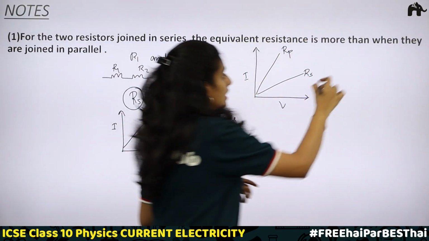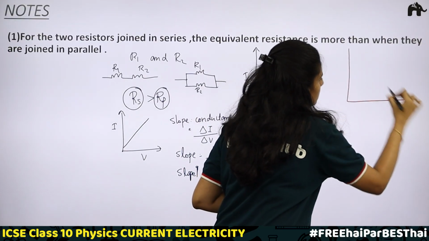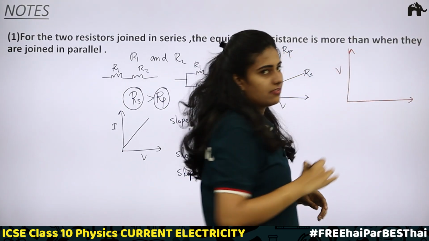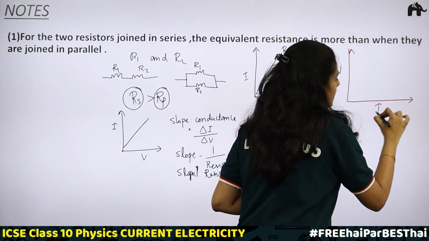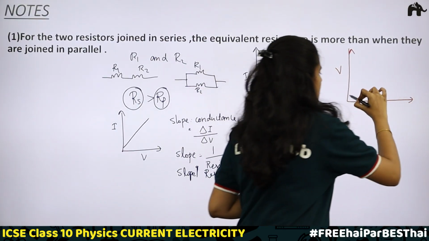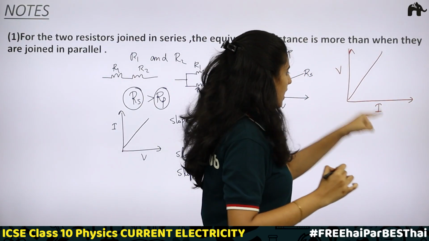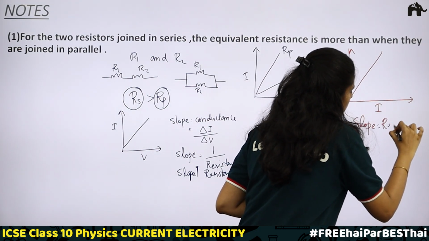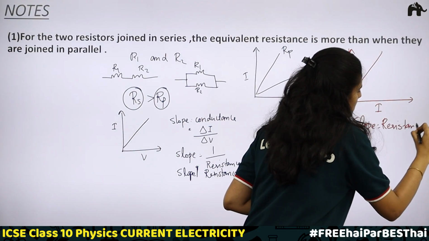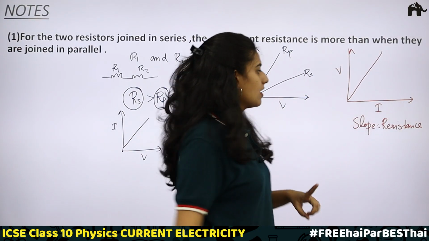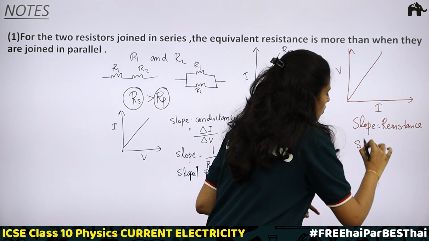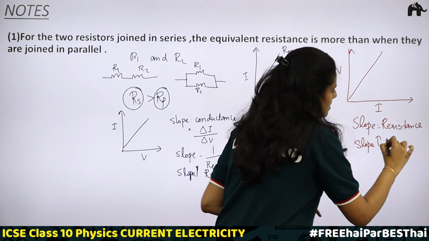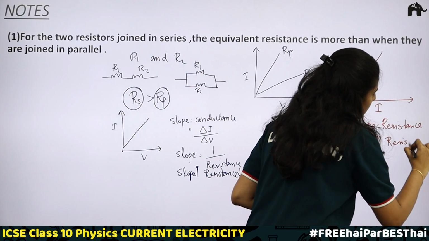Now when you take the VI graph, voltage along the y-axis and current along the x-axis, what does the slope give you? Slope of VI graph will give you the resistance directly. Okay, you will be getting the resistance value when slope is taken. Now here we know that when slope increases, resistance also should increase.